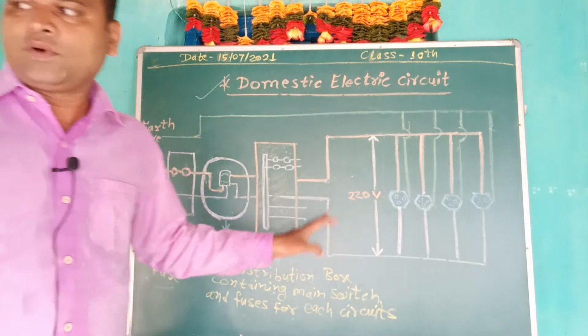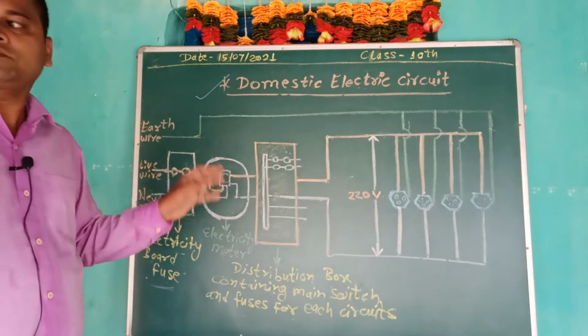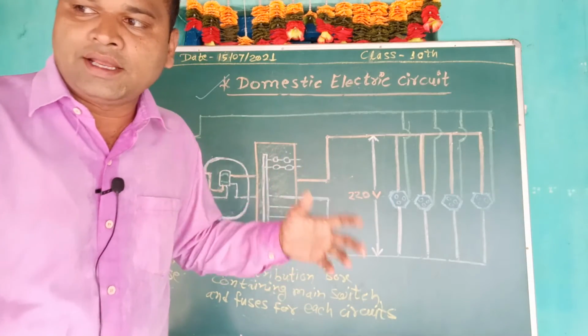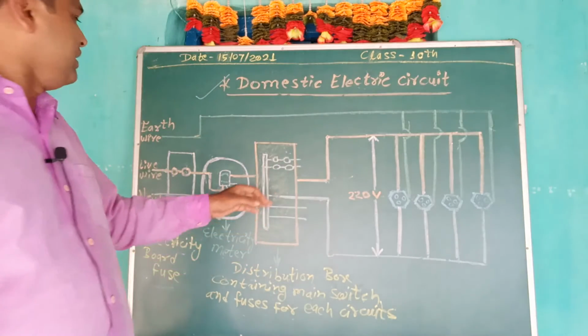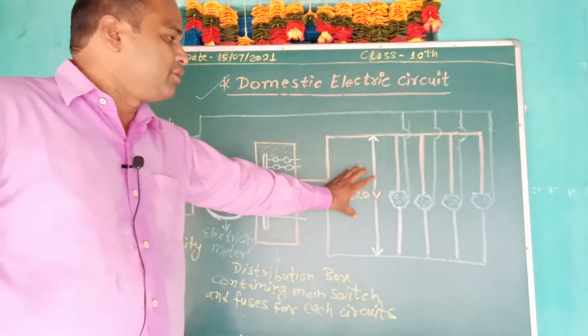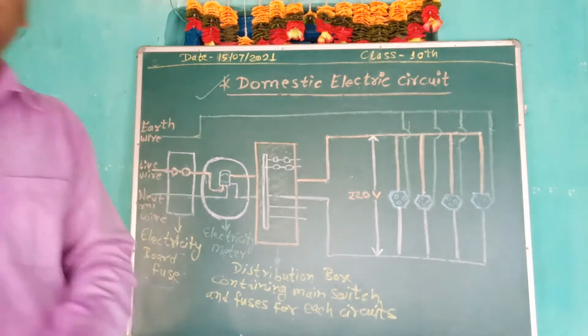In our country, the potential difference between the live wire and neutral wire is 220 volts.